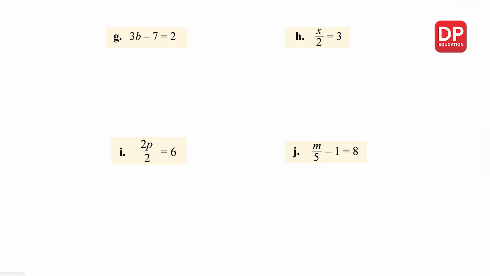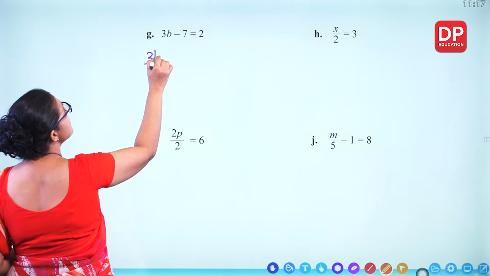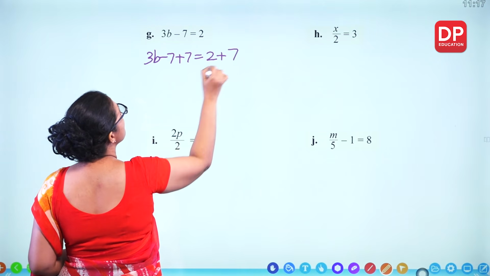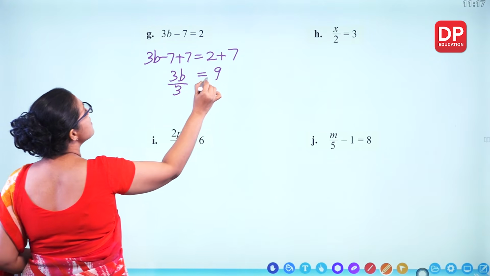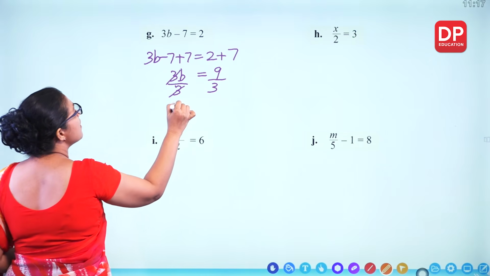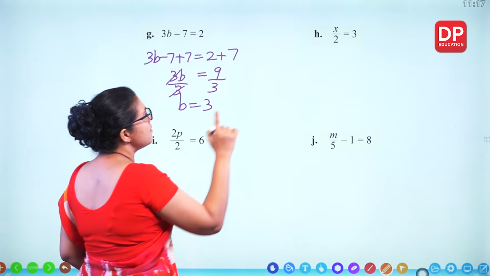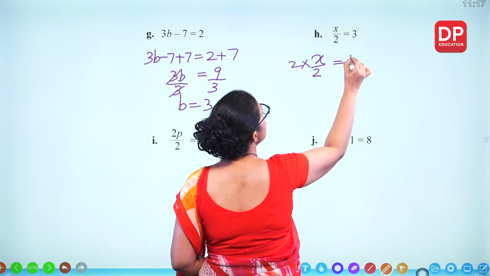This one, subtracted 7, so add 7. You get 9 equals 3b. Divide this by 3. b becomes 3. Divided by 2, so multiply both sides by 2.